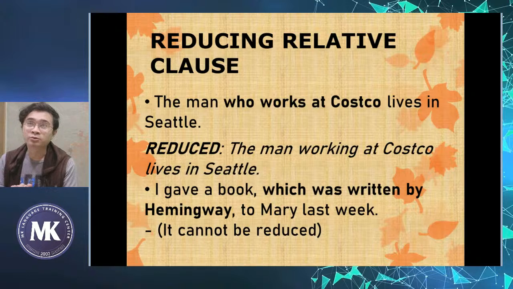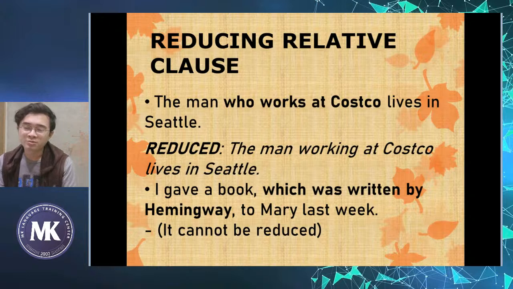So if you try to get a reduced form, you can say the man working at Costco lives in Seattle. For the word who works at Costco becomes now working at Costco. So if you notice, from simple present, it becomes like a past form. We use verb ing the sentence, and it is now called a reduced relative clause.